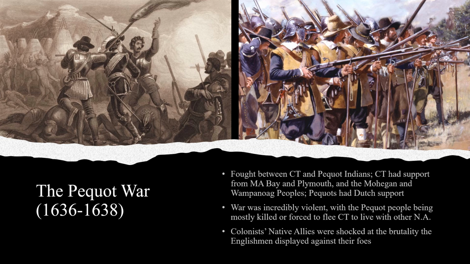The Pequot tribe, which was living in southern New England at the time, began to side with the Dutch colonists in the Hudson River Valley, looking to make an alliance against the English settlers, who were encroaching on their communities. It should be noted, though, that the Mohegan people, who broke off from the Pequots, allied themselves with the English colonies in New England.